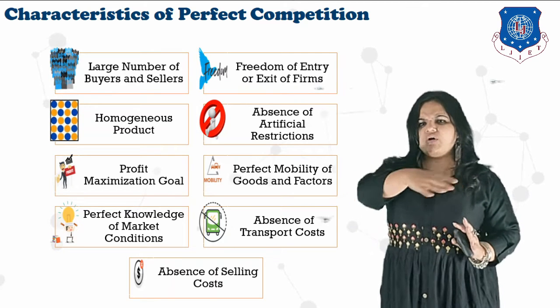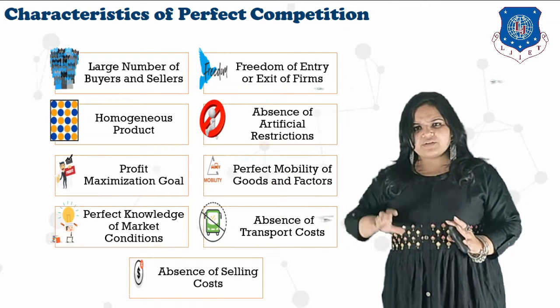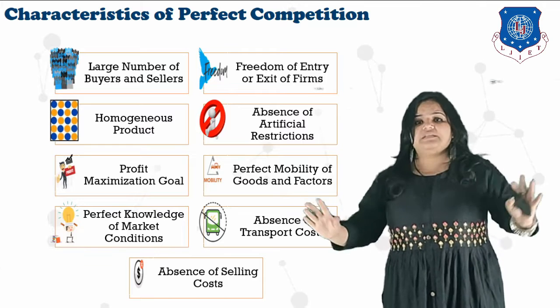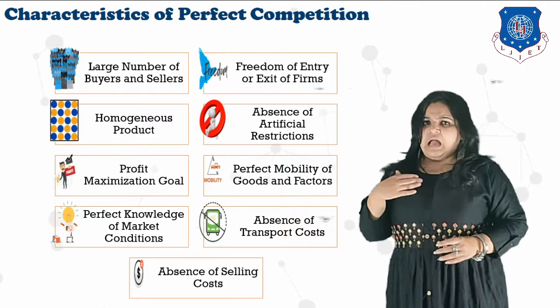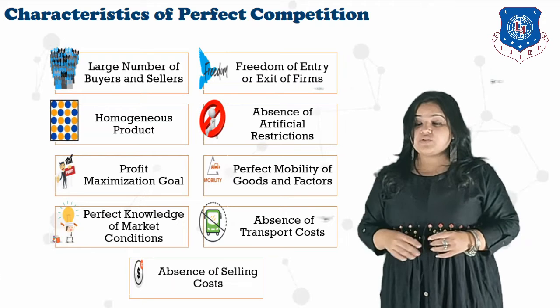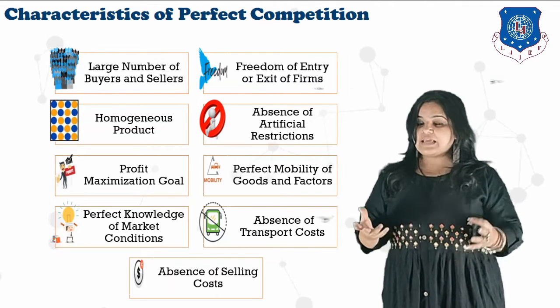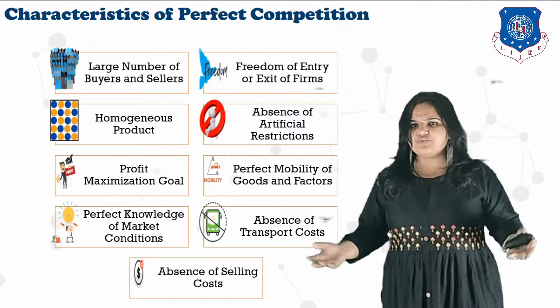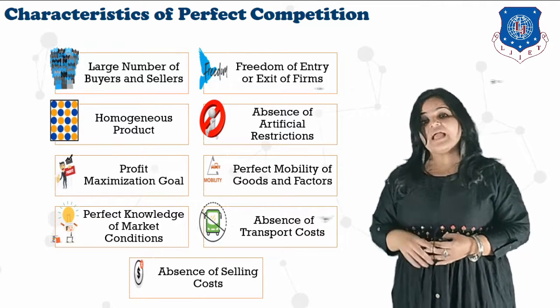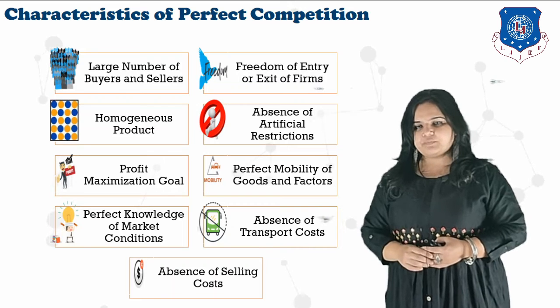Suppose we all are selling exactly the same product, which is apples. Everyone is selling apples. I am very intelligent, and so I thought that I'll advertise my apples, and so I'll get more customers, because we all do have a profit maximization goal. I will advertise my apples.